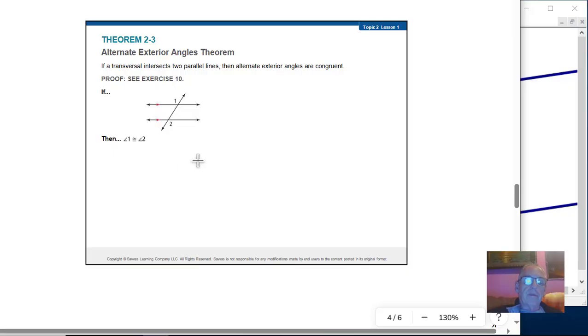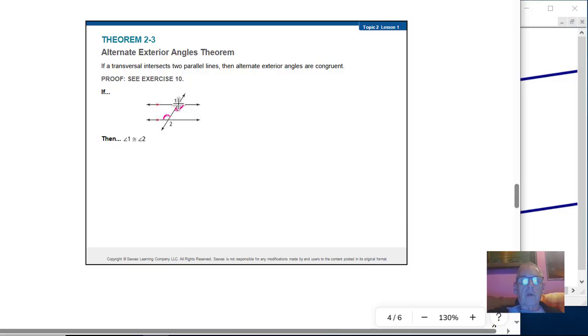And we can kind of see where this comes about. If we look at 1 and this angle here, these are vertical angles. And if we look at 2 and the opposite angle there, those are also vertical angles. If we have parallel lines cut by a transversal, we've already talked about alternate interior angles being congruent.